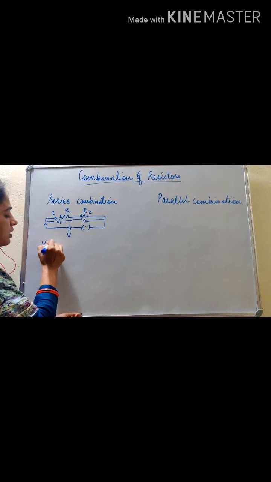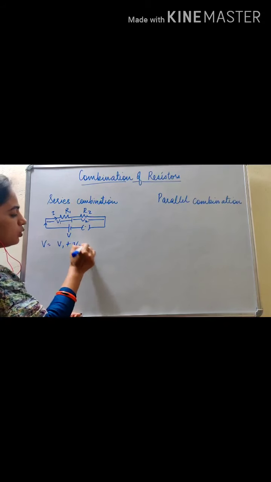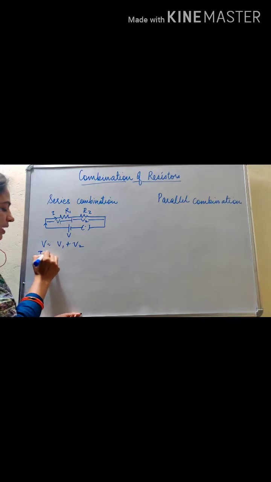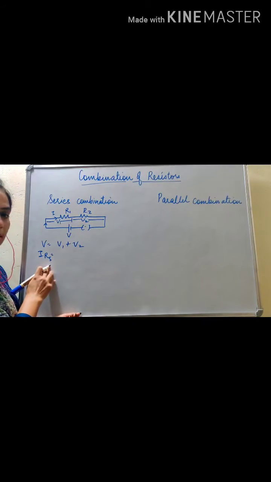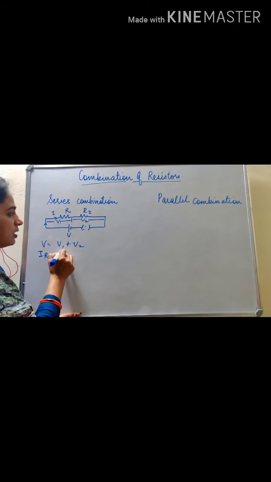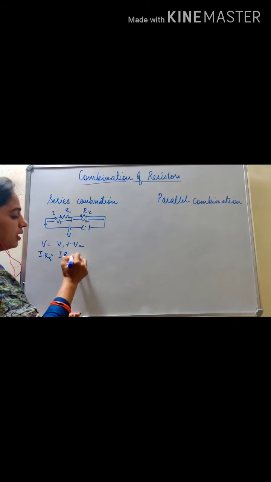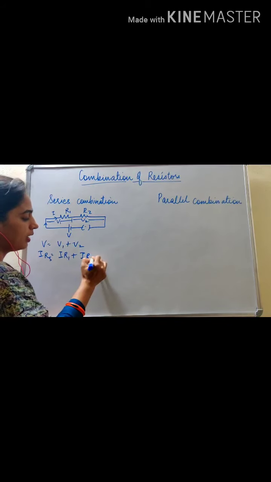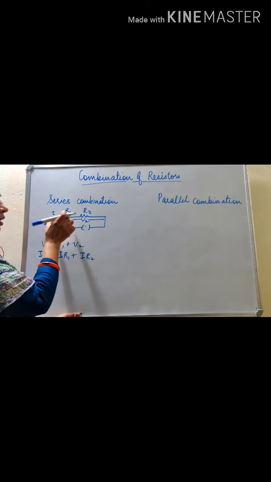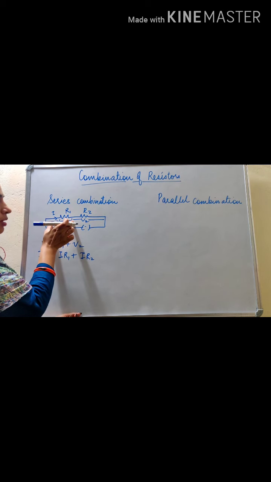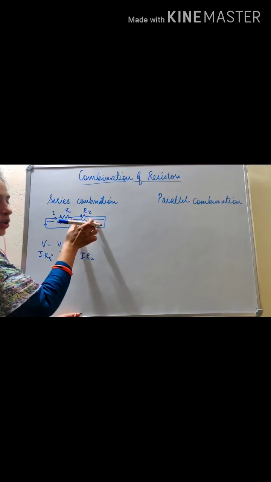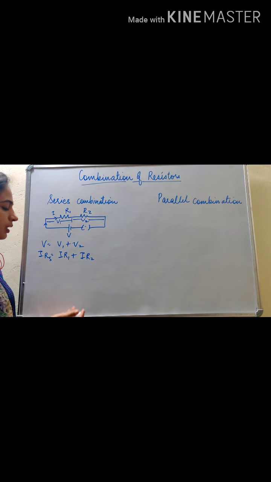So we know V is equals to V1 plus V2. V can be written as IR. Okay, I can write IRs because it's a series combination. V1 is equals to IR1 plus V2 will be equals to IR2, right? The potential drop across this resistor R1 will be IR1 and potential drop across R2 will be IR2 because current is same.